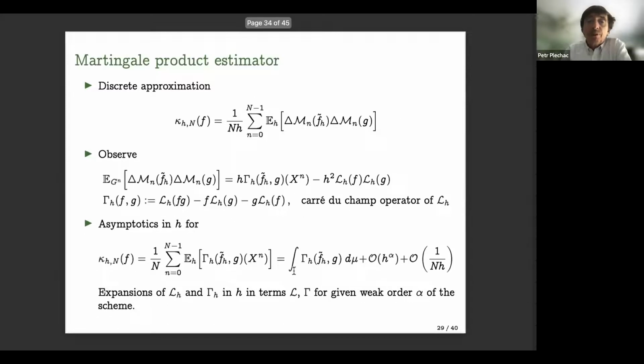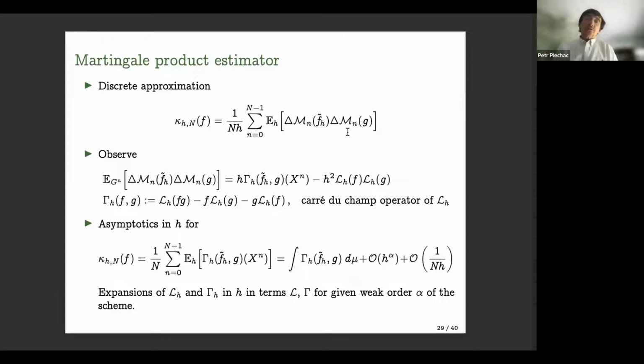So the discrete approximation has this form, and one has to analyze more carefully the expansion of this martingale product term in the discretization parameter h.